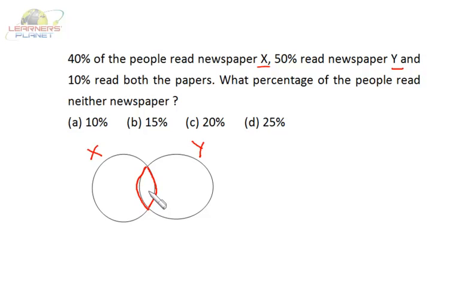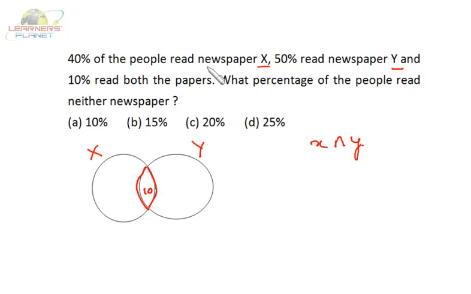Okay, so first of all we fill up the innermost data, that is X intersection Y. That means the number of persons who are reading both the newspapers. So 10% read both the papers, so I just write 10 over here.